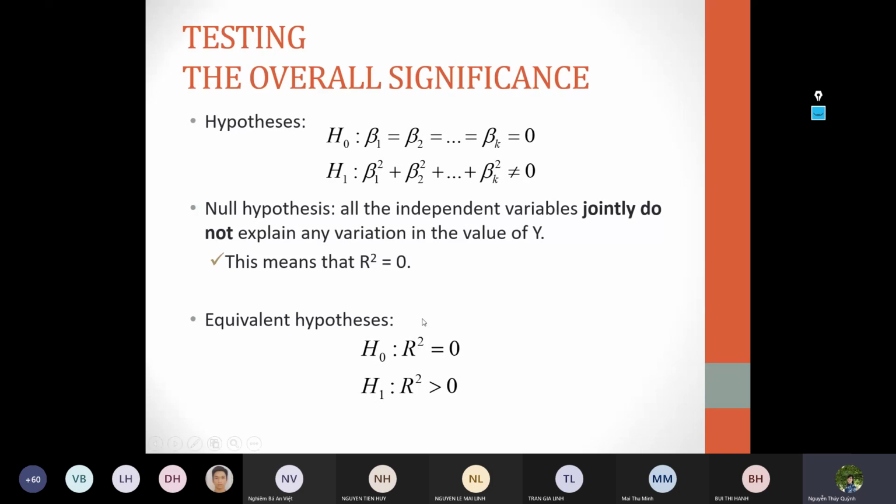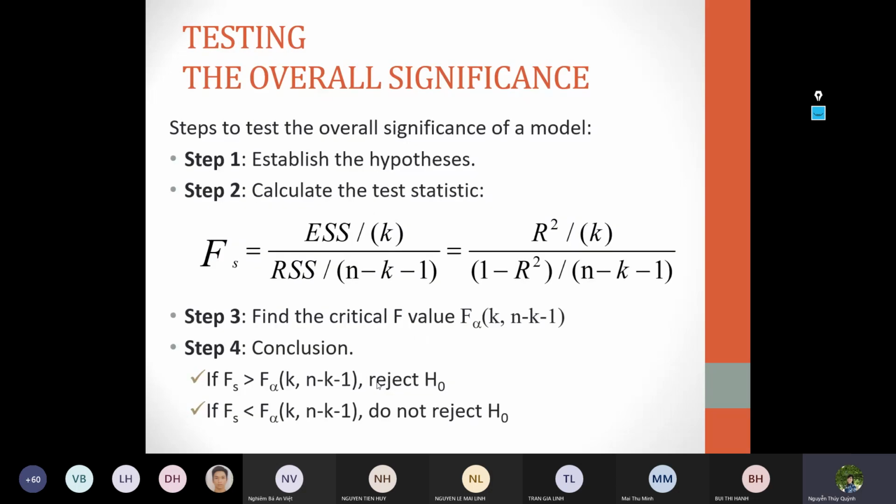All right. To test for the overall significance of the model, you can use either this hypothesis, this one, or this one. To test for the overall significance of the model, we will follow the following steps, just like a t-test.